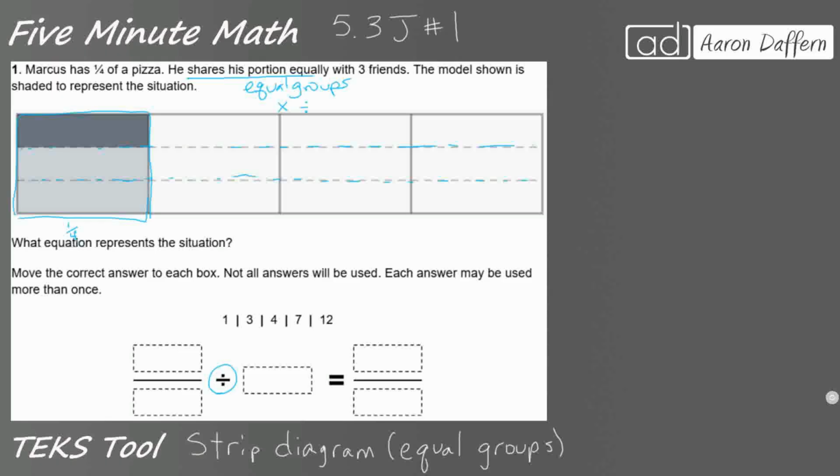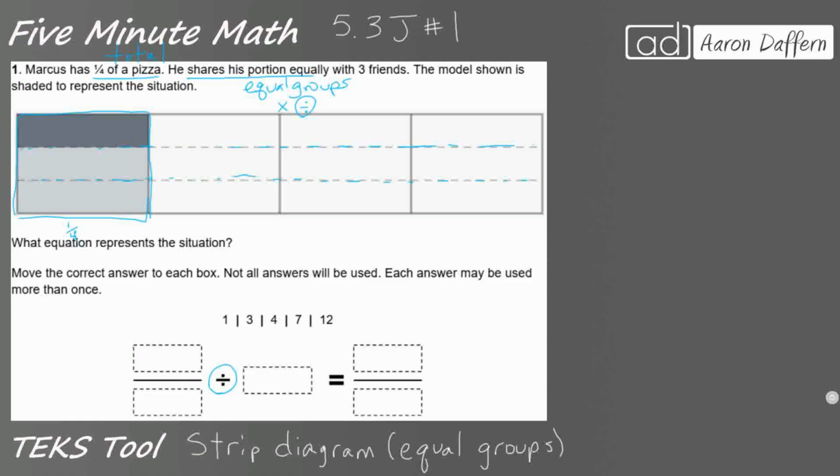That's all the pizza he has. He's going to take that little amount of pizza and he's going to split that up. So that means this 1/4 of a pizza is your total. And so when you have the total in an equal groups problem, that means you are going to divide.